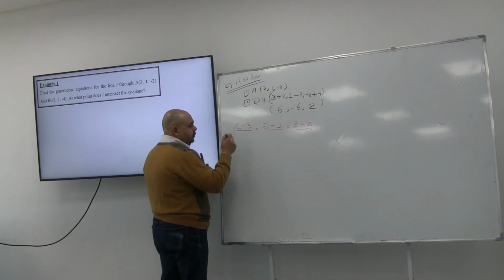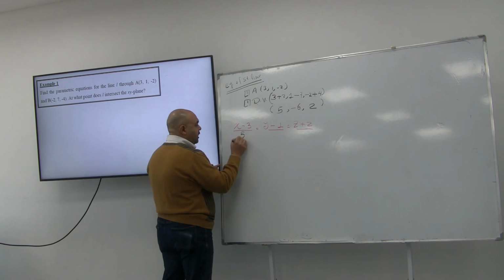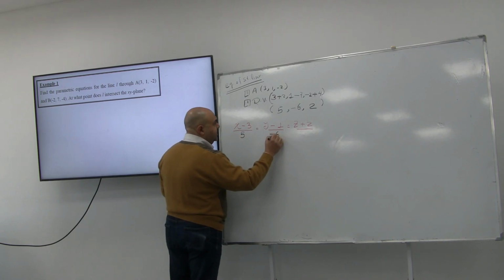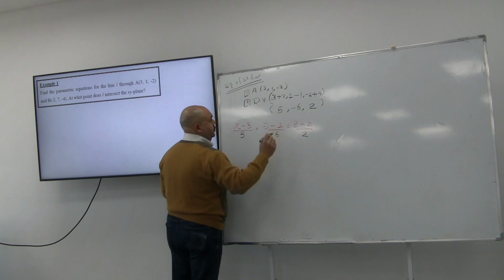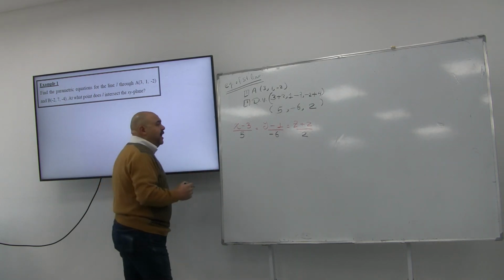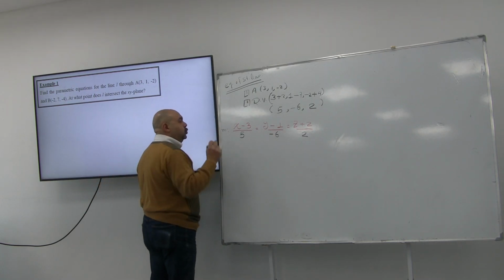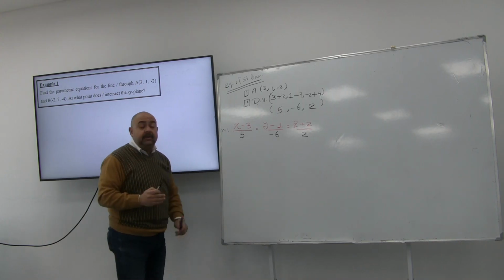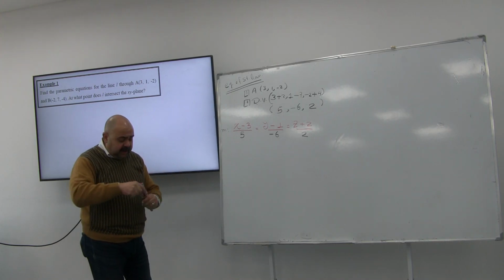And that's the vector that I'm using, which is 5, negative 6, and 2, as you can see.